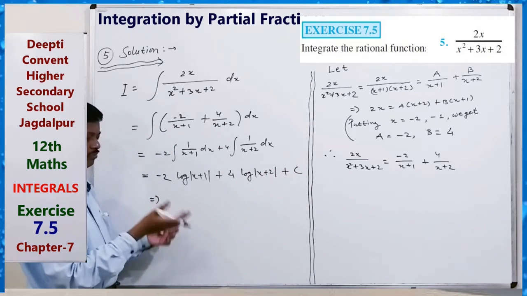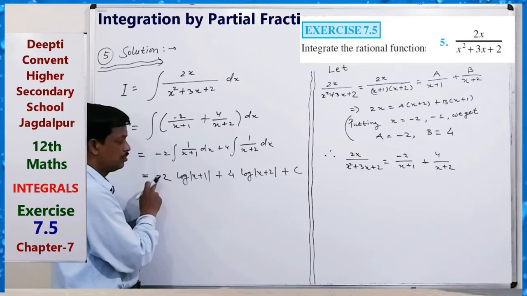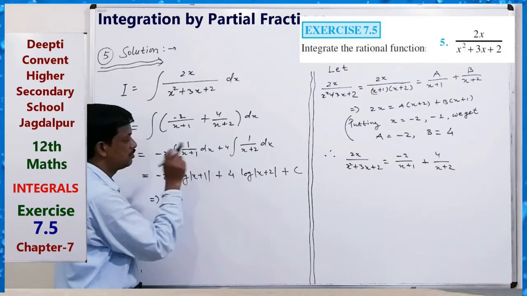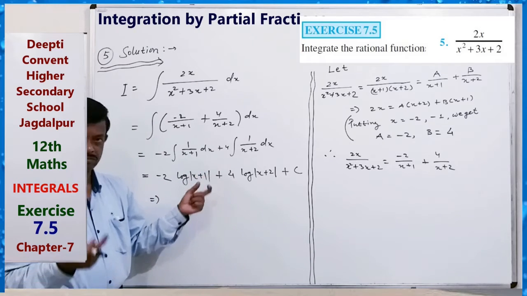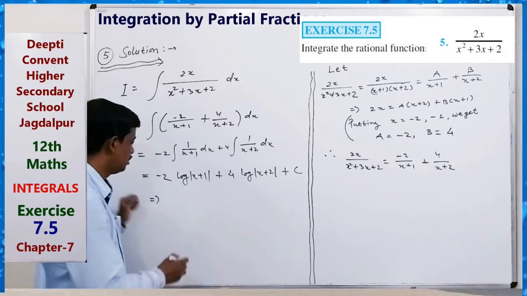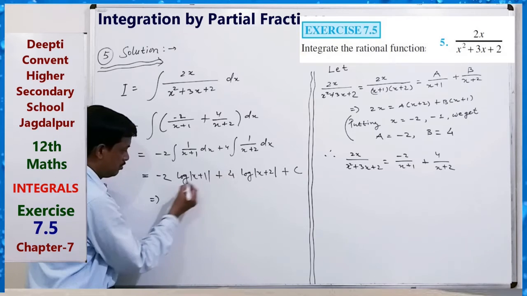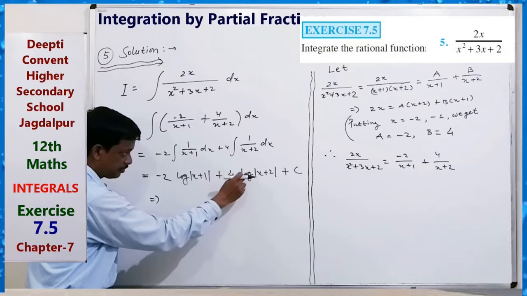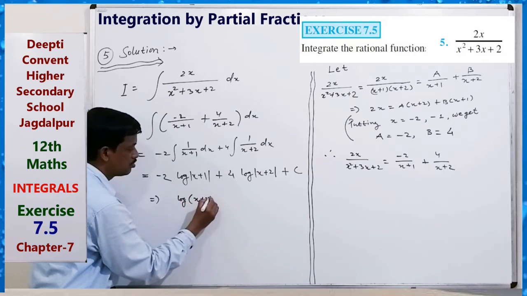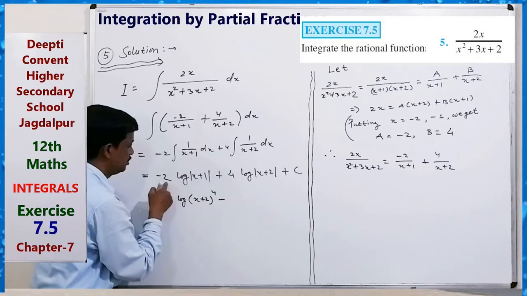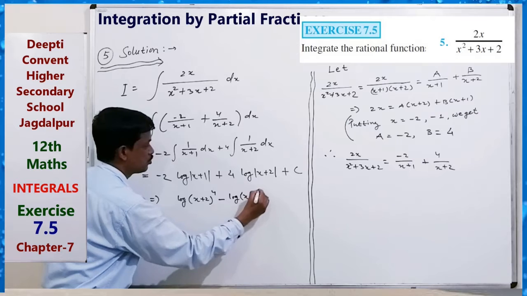It can also be written with the coefficients going to the power. The minus 2 goes to the power, and the 4 can also. So we write log of x plus 2 to the power 4 minus log of x plus 1 squared, plus c.